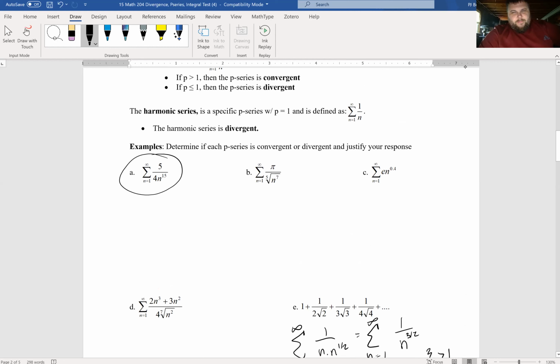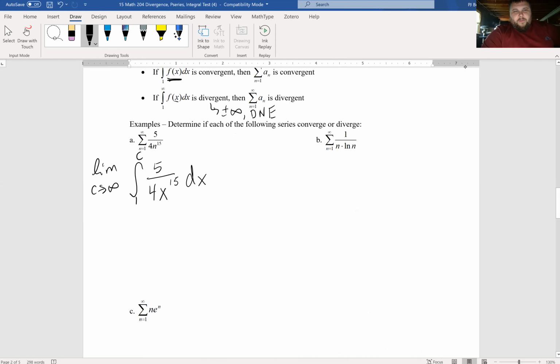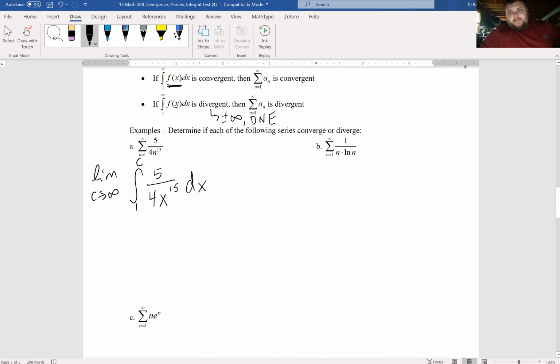Are you certain? Yes. Okay, why? Because 15 is greater than 1 in the p-series, and it converges. 1 over n to the 15th has p equal to 15. If p is greater than 1, we get convergence, right? We already know that this series converges, so let's prove it now using the integral test.